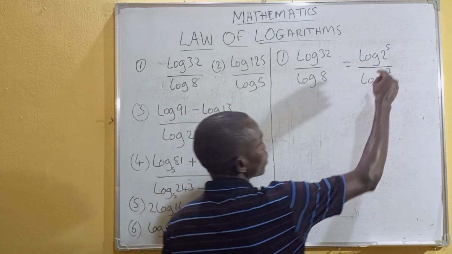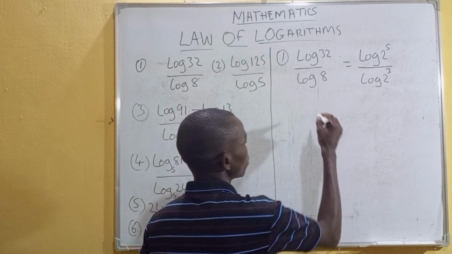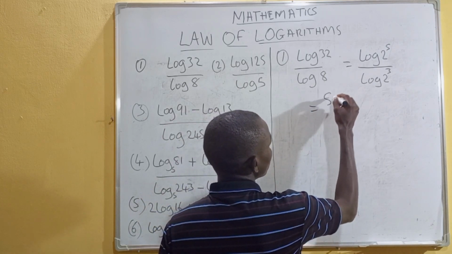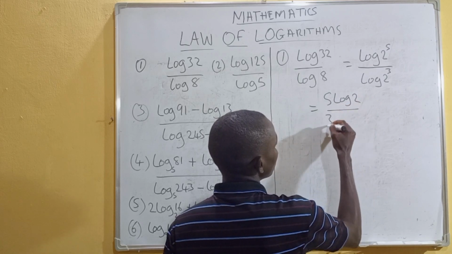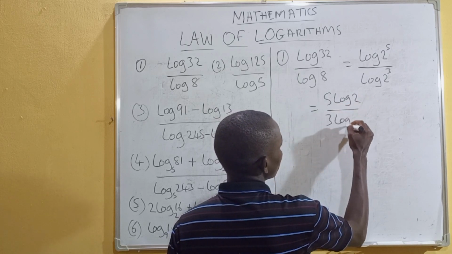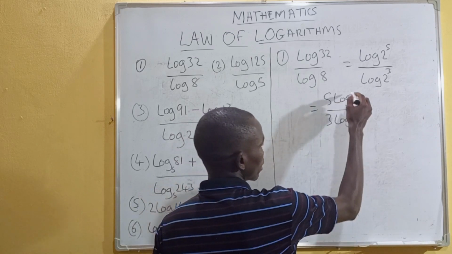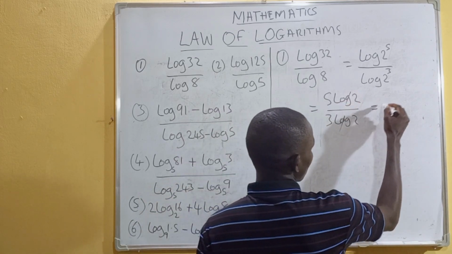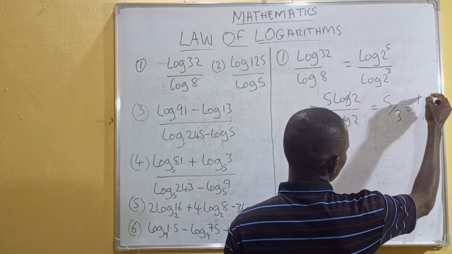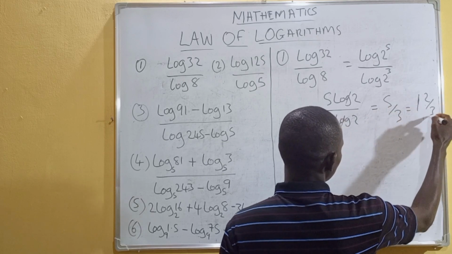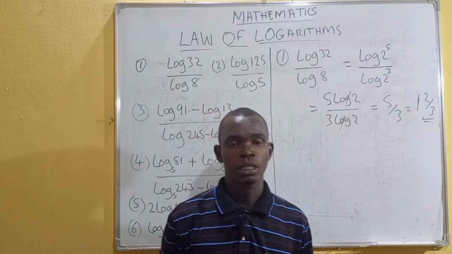We say that the power is used to multiply the log. So it will now be 5 times log 2 over 3 times log 2. Since the two logs are the same, they can cancel out. So our answer will now be 5 over 3. This is our answer for question 1.